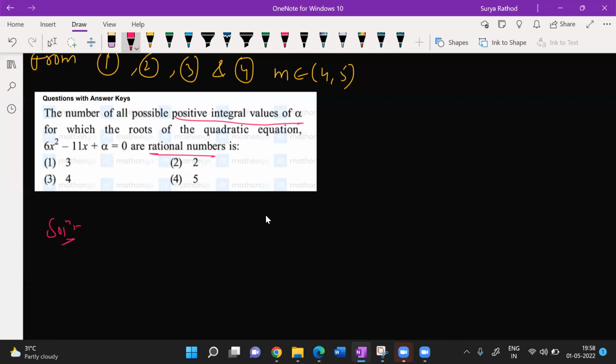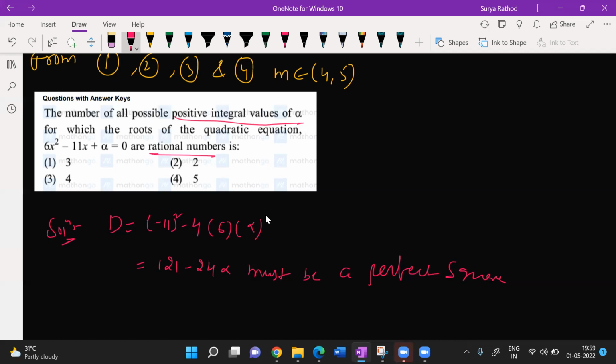See, all are rational numbers, then the discriminant must be a perfect square. Discriminant is b square minus 4 into a into c. So 121 minus 24 alpha must be a perfect square.